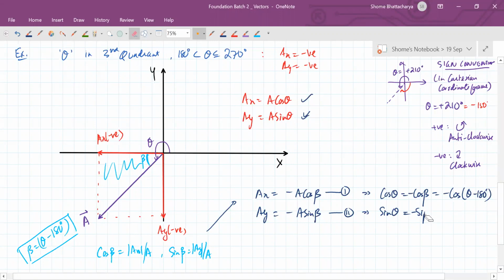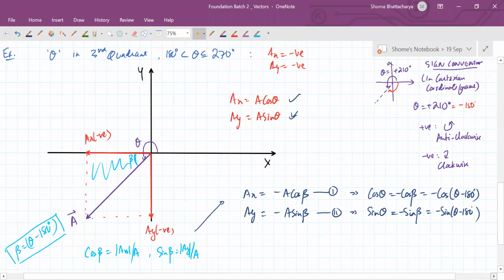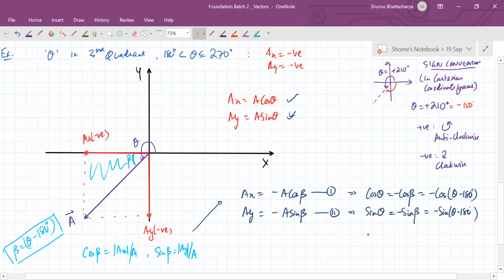In the second quadrant, sine was positive and cos was negative. Now in the third quadrant, what is happening? Both sine and cos are negative. So this becomes your relevant formula for the third quadrant. Okay. And from this you can also see that, therefore, for the third quadrant, the formula is that sine theta is minus sine of theta minus 180. Cos theta is minus cos of theta minus 180.